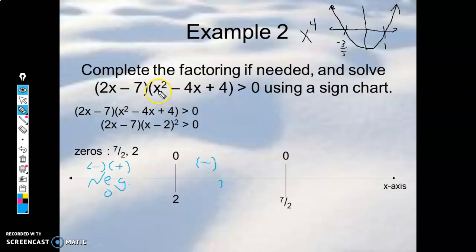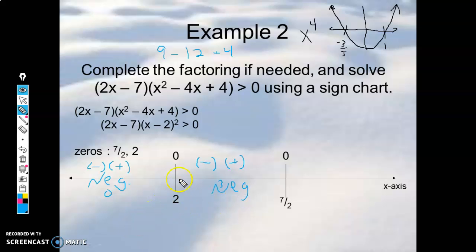I put 3 in here, it's a little bit harder. 3 squared is 9. 9 minus 3 times 4, so you might need to write it out a little bit. 9 minus 3 times 4 is 12 plus 4. So I end up with 13 minus 12. This part here is also positive, which is interesting. So really this region here is negative as well.